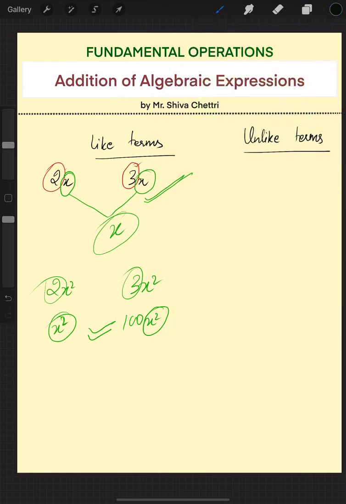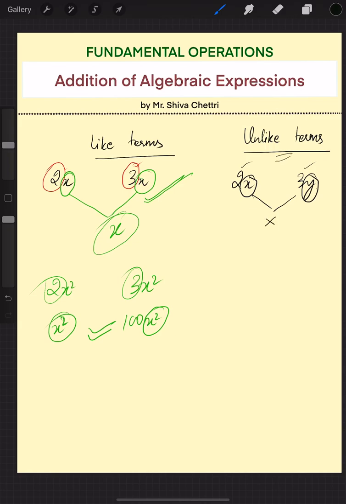But let us see how an unlike term looks. Let us say an example, 2x and 3y. Here the numerical coefficients are 2 and 3, but the variable here is x and here it is y. So x and y are not the same, that's why they are unlike terms.